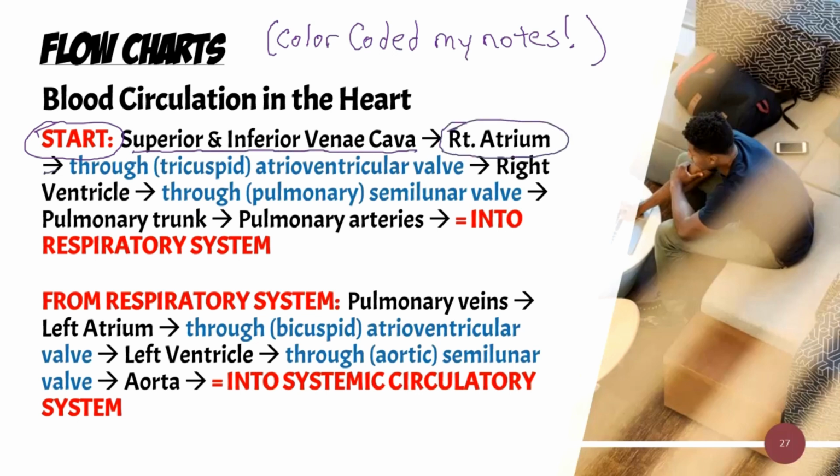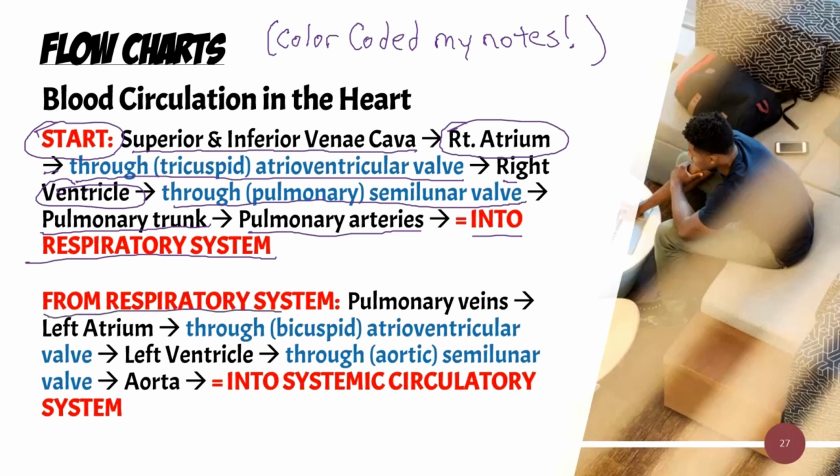And then there's a little arrow, through the tricuspid valve, and then through the right ventricle, and then through the pulmonary semilunar valve, into the pulmonary trunk, into the pulmonary arteries, and into the respiratory system, where it picks up oxygen and turns red.